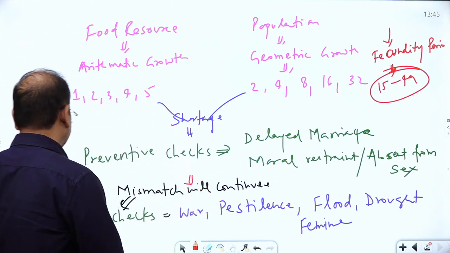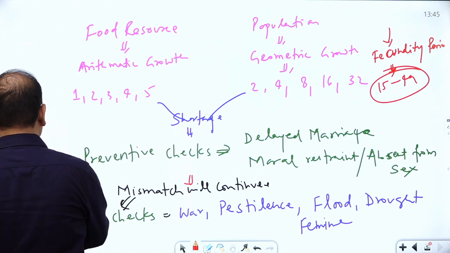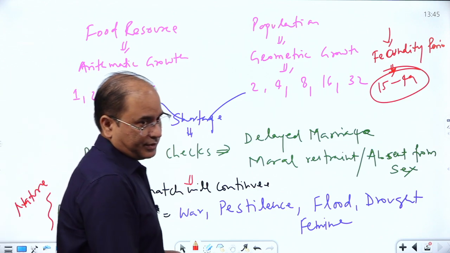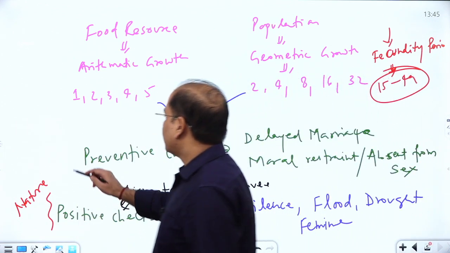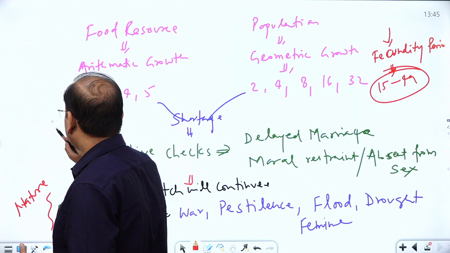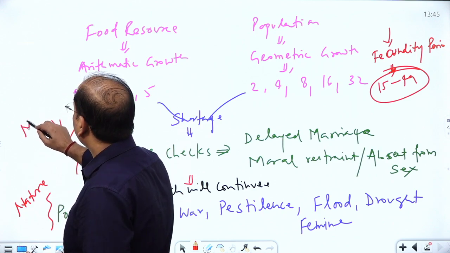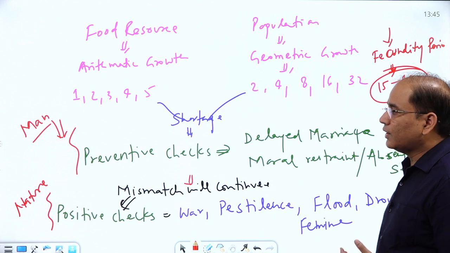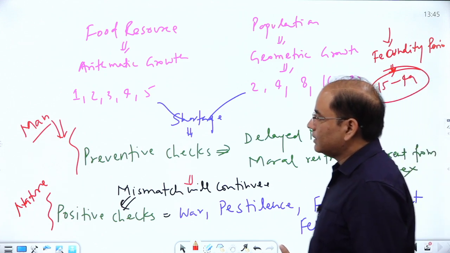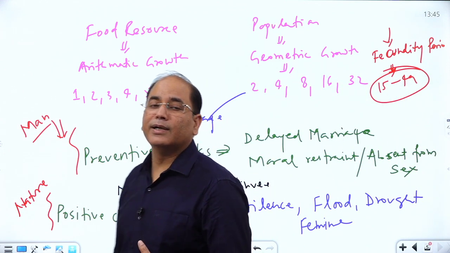Positive checks are nature induced, whereas preventive checks are human or man induced.